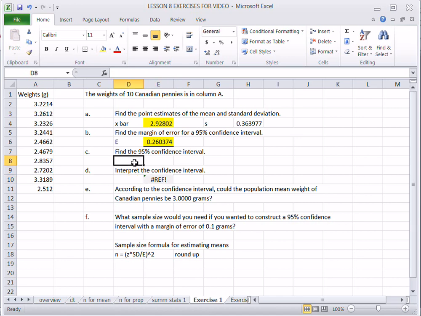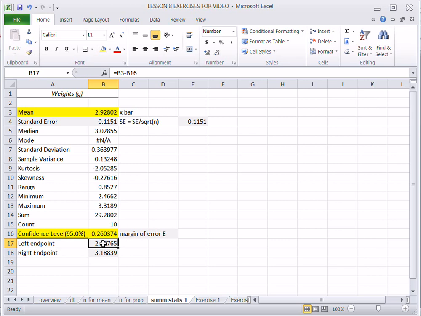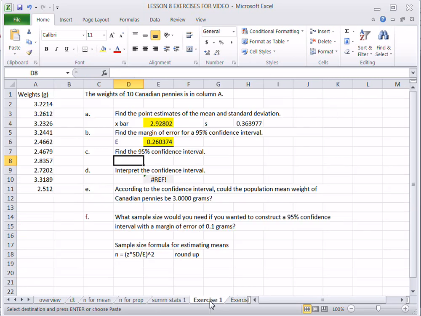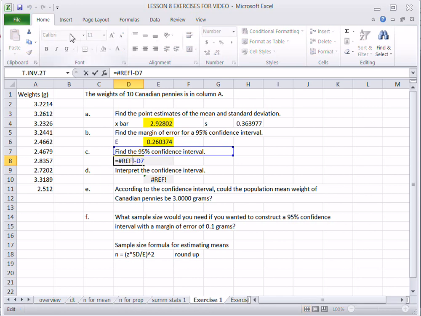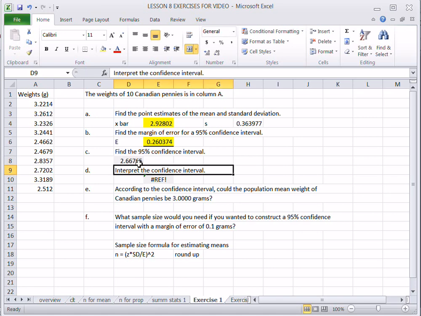Oops, I meant to put it here. Let's do that again. So my summary statistics, I'm going to copy this. 2.66765. Okay, it didn't seem to like that, so we'll just write it in. So we got 2.66765, our left endpoint.